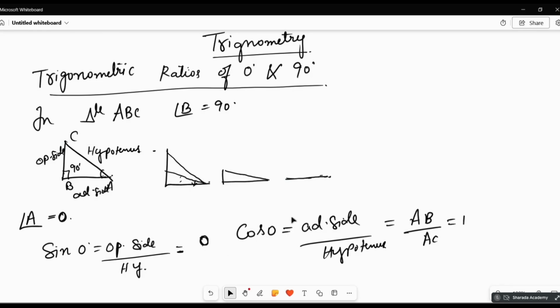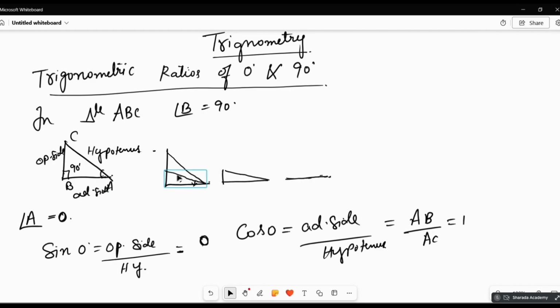What about cos 0? What is cos? Adjacent side by hypotenuse. This is the adjacent side. When the angle A tends to 0, what happens? The hypotenuse will be equal to AB.